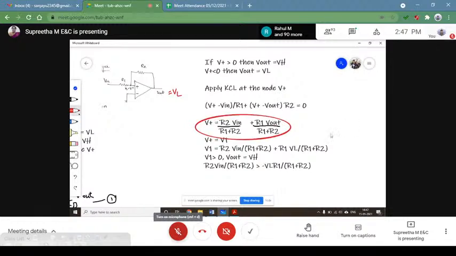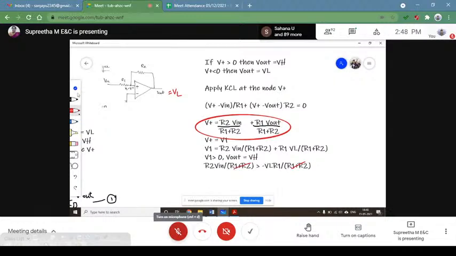When this whole term is greater than 0, I get R2 Vin by R1 plus R2 plus R1 Vout by R1 plus R2 is greater than 0. So you bring the other one to the other side, that is your Vout. So I get R2 Vin is greater than minus VL by R1 plus R2. If you observe here, these two get cancelled out.